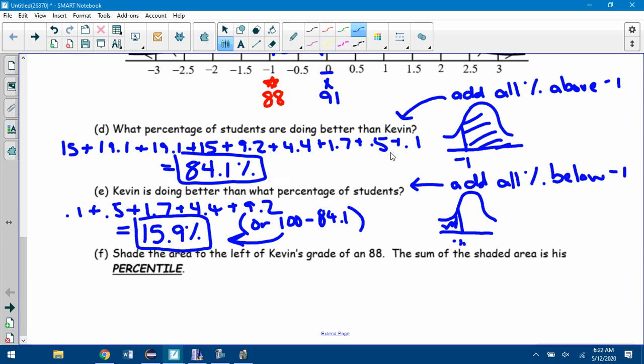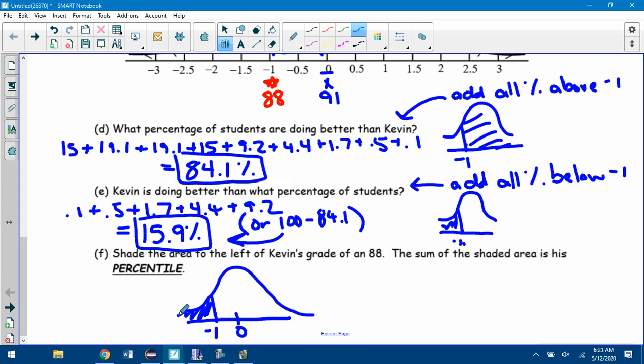All right, finally it says shade the area to the left of Kevin's grade of an 88. The sum of all the shaded areas is called a percentile. Okay, so this is a new vocab word that you're going to see come up, and I'll write it again on the next page. Mean was at 0, z-score of negative 1.